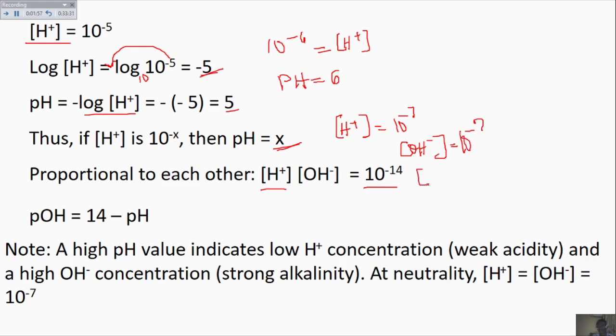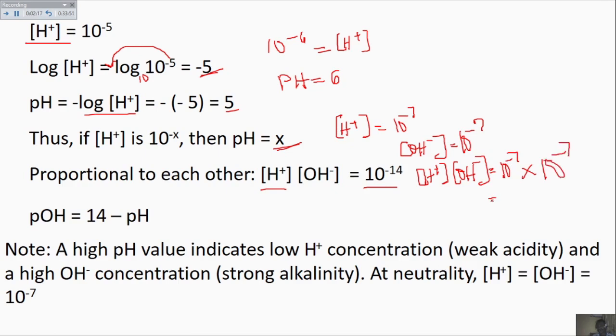Then when you have both of them together, that will give you 10 raised to power minus 7 multiplied by 10 raised to power minus 7.